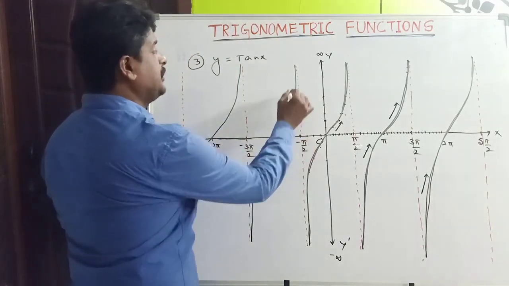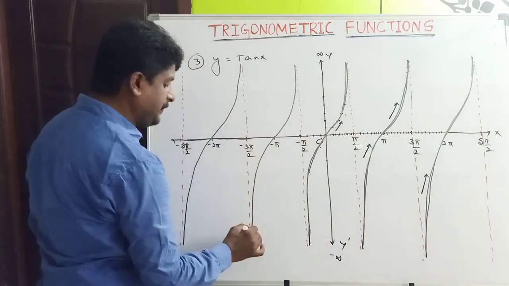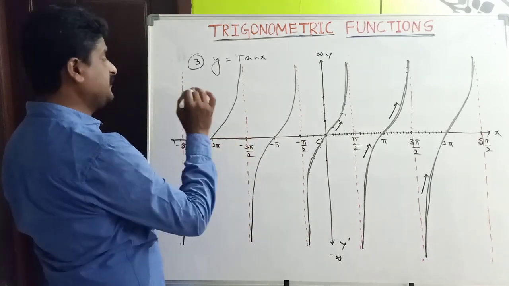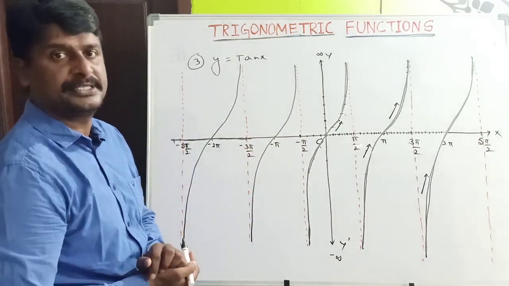Similarly, minus pi by 2 is a discontinuous point, minus 3 pi by 2 is a discontinuous point, minus 5 pi by 2 is also a discontinuous point.